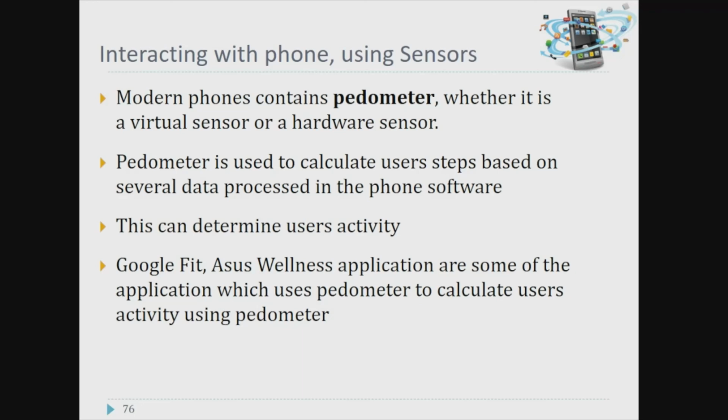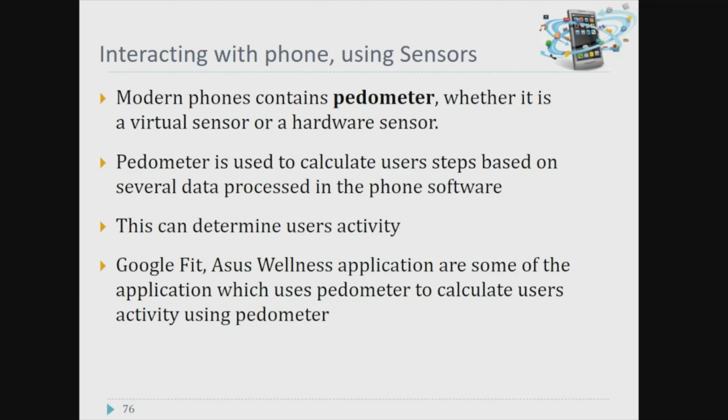And then modern phones contain a pedometer, which is a virtual sensor or hardware sensor. It depends on your device. This pedometer is used to calculate user steps based on several data processed in the phone software. That's why we can have running apps, right? They can calculate your steps. So this can determine users' activities.